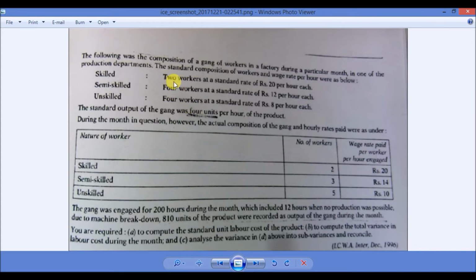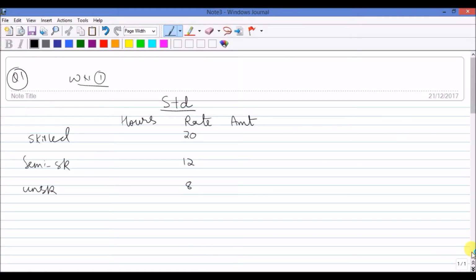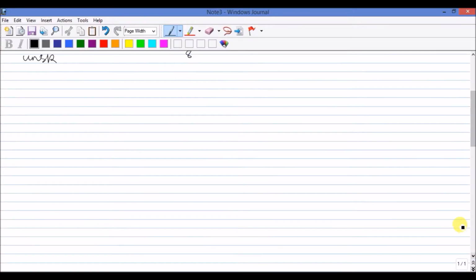So there are two workers and the standard output of the gang was 4 units for 1 hour. It is quite a tricky sum, but we will do it. Now I need to find the standard hours for the actual output.